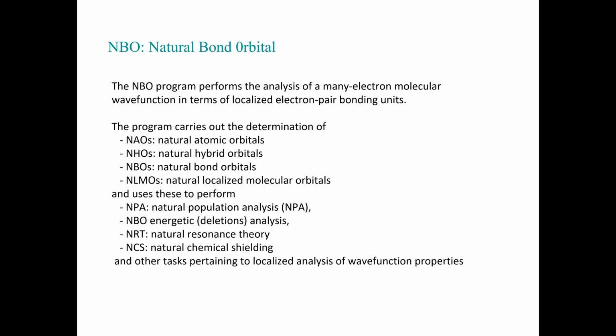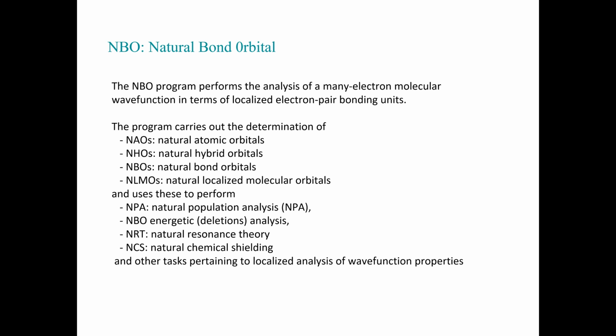And then we talk about the other one, called natural bond orbital, NBO. NBO used to be part of Gaussian, and at some point they wanted a little more money, so they separated the license. So we needed to make it work with Gaussian.